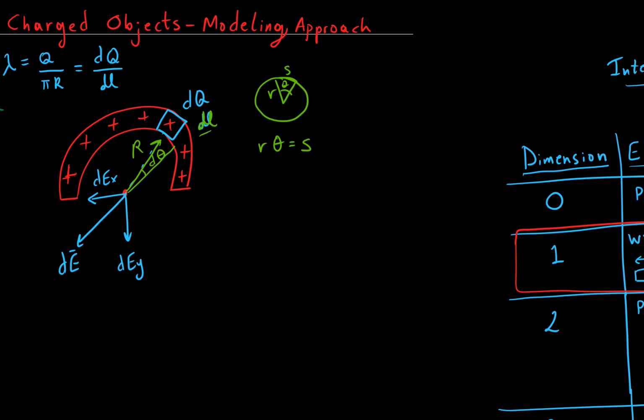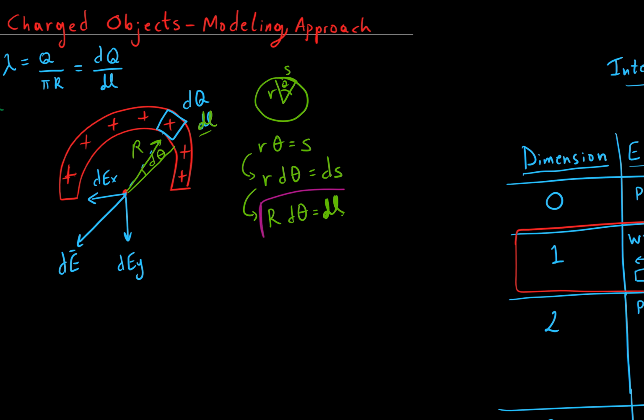Because we're looking at a small amount of our circumference under a small amount of angular displacement, we can say r d theta is equal to ds. Now we know what our radius is, so we can write this in terms of variables that we have in our problem. So r d theta is equal to dl. That seems like a reasonable substitution we can make.